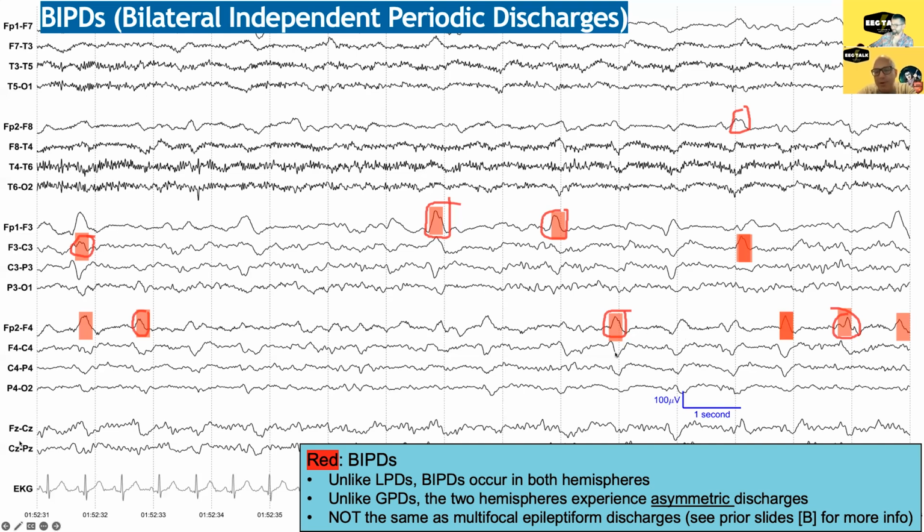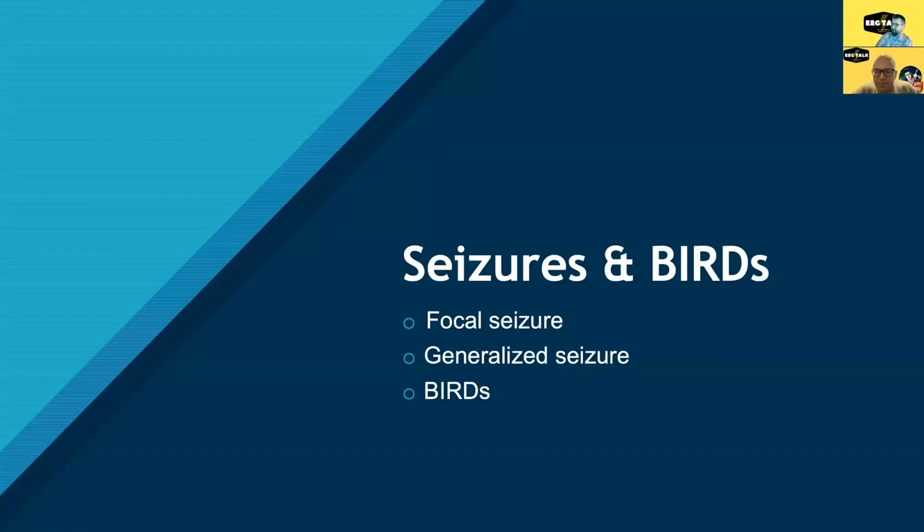For example, if you look at the corresponding location on the left, there isn't a discharge there. Right. And I think for many of these on the right, there are actually no corresponding discharges on the left. And the frequency is a little faster, I think, than on the left, right? So it's almost 1 hertz, which is faster. So yeah, these are non-synchronized, bilateral independent periodic discharges. Yeah. Sounds good. Got it. Seizures now.